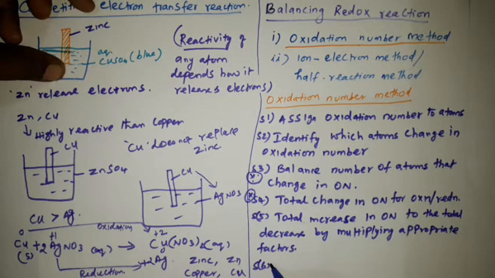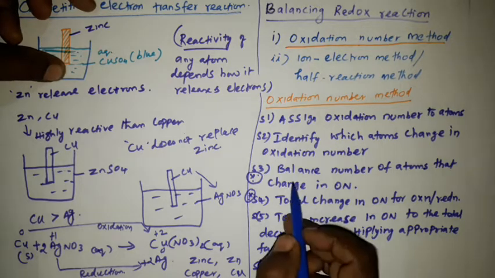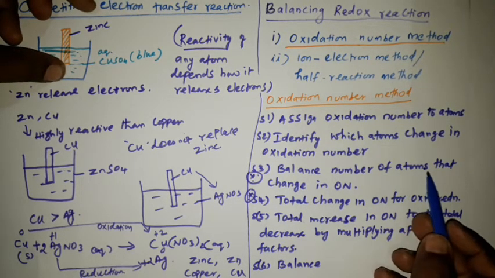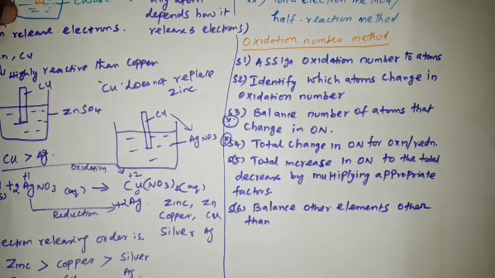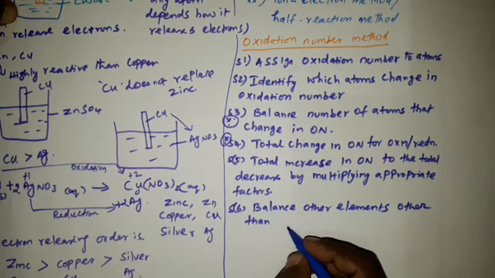Then step 6, balance other elements. Here you have already balanced the elements which are oxidized and reduced. Now you are going to balance other elements other than oxygen and hydrogen.